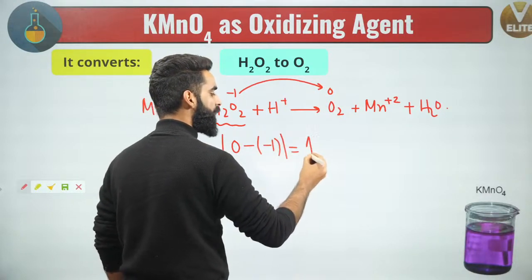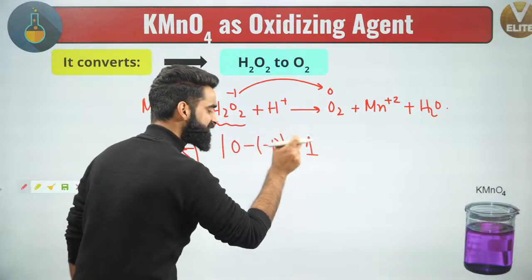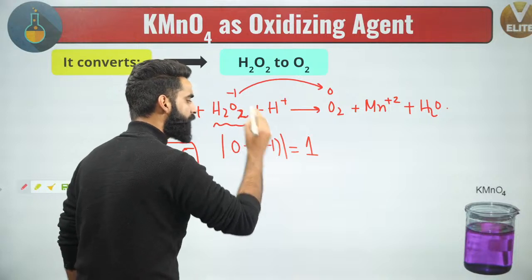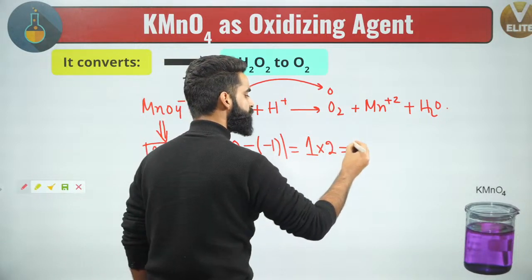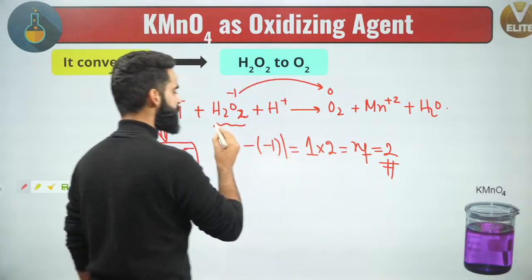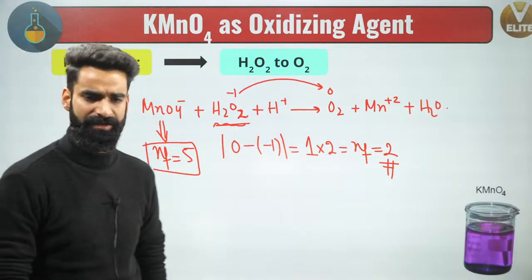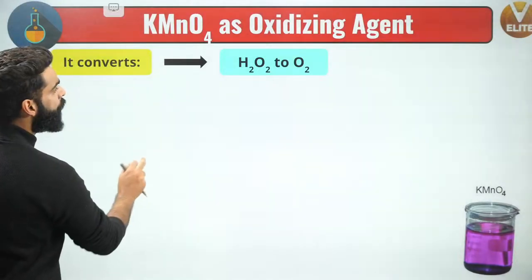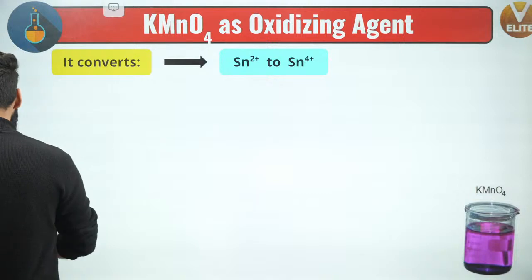The value you'll be getting as 1. But people, remember, this 1 is the change in the oxidation state for one oxygen atom, but right here I have two oxygen atoms, so I'm multiplying it by 2. So the n factor of hydrogen peroxide right here you got in this reaction as 2. So 2 is the n factor of hydrogen peroxide right here. Very simple.